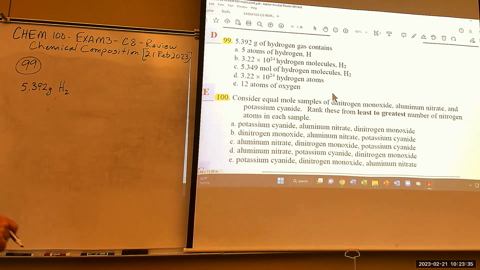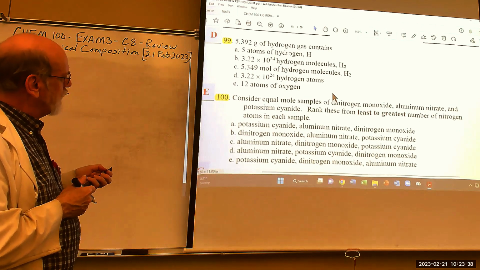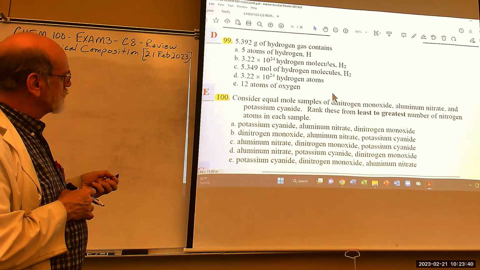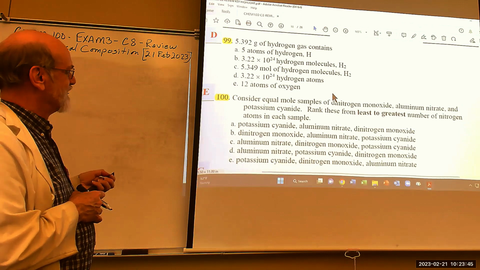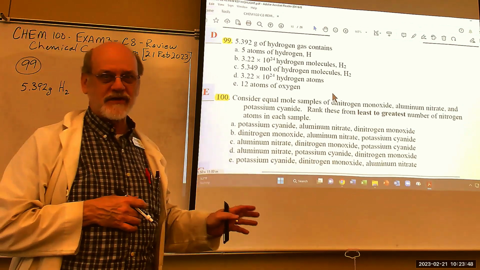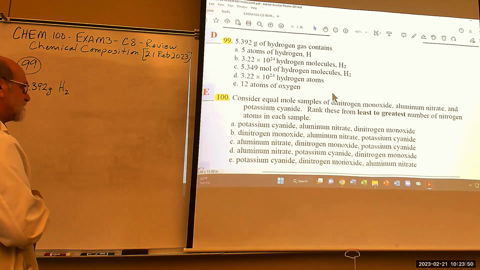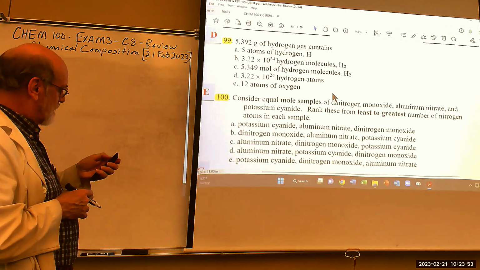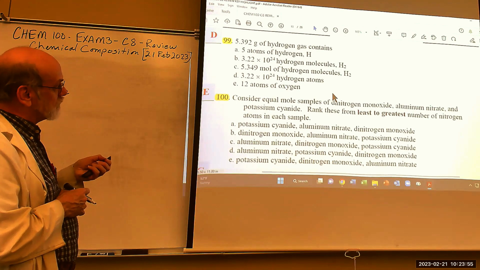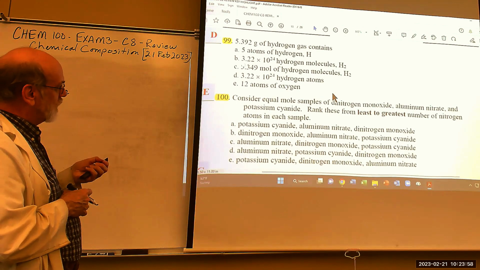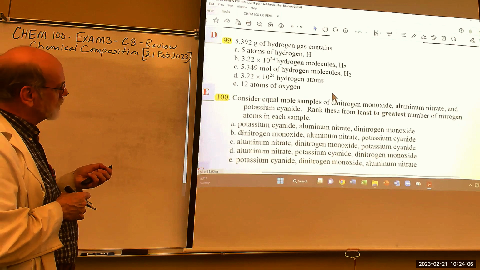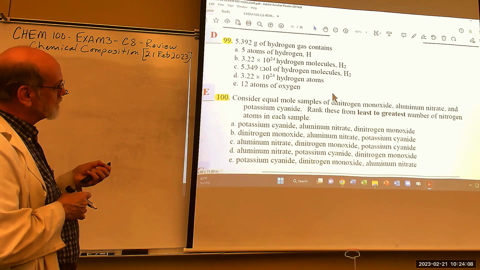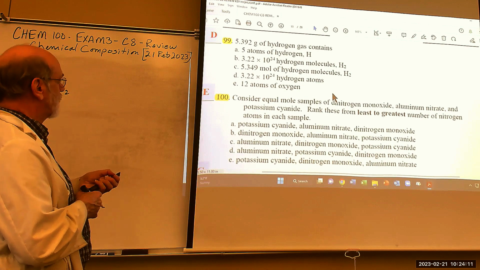Let's see what our choices are: atoms of hydrogen, molecules of hydrogen, atoms of hydrogen, or atoms of oxygen. If it's hydrogen gas, there's no oxygen there, so we can throw E out. That many grams of hydrogen is going to be more than 5 atoms. So it's either this many molecules or atoms of hydrogen, or this many moles of hydrogen molecules.